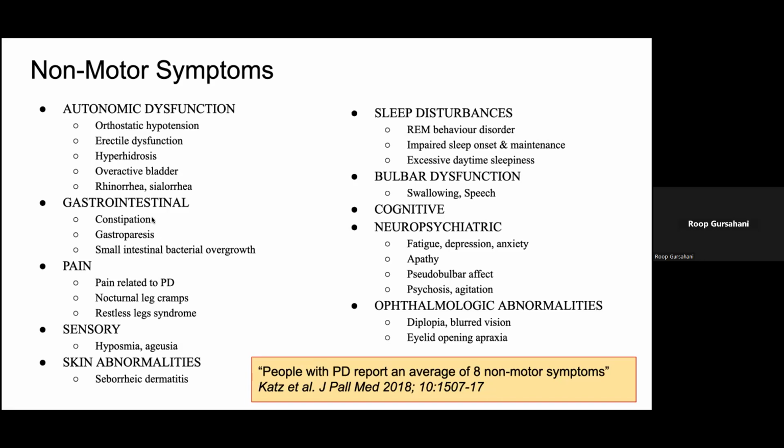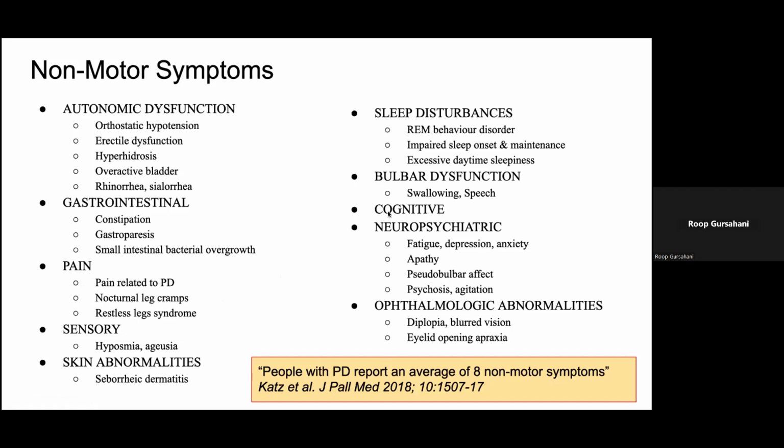Constipation is almost universal, and some patients can also develop gastroparesis. But probably, again, one of those things that we don't often realize is that there's a lot of pain in Parkinson's disease, cramps, and general neuropathic pain, pain related to immobility. It's quite substantial. Sleep disturbances are known.